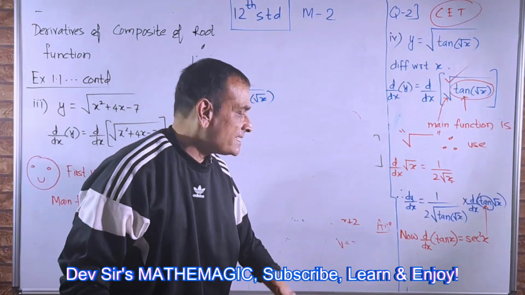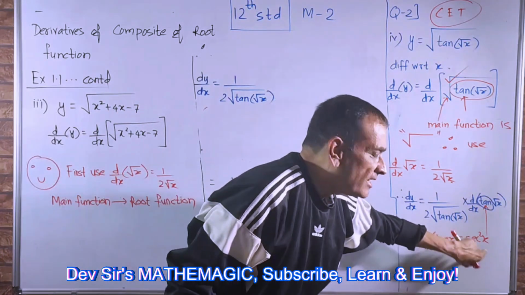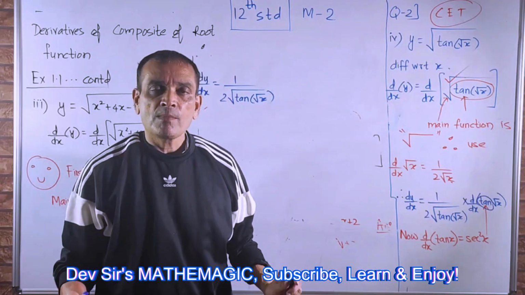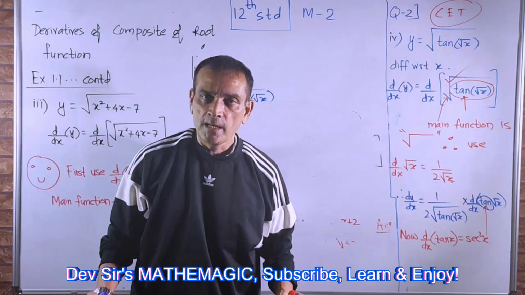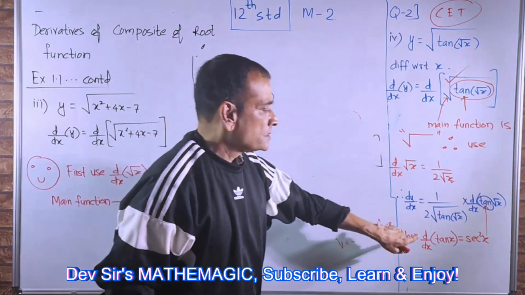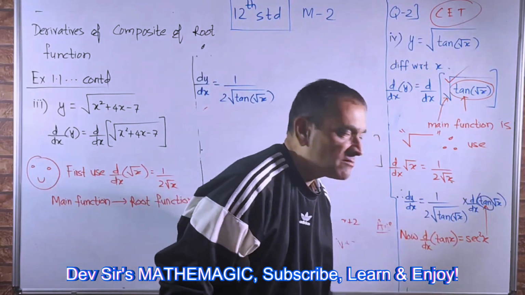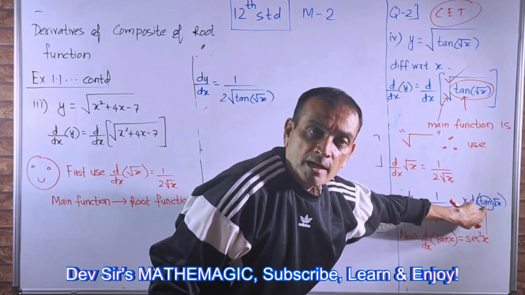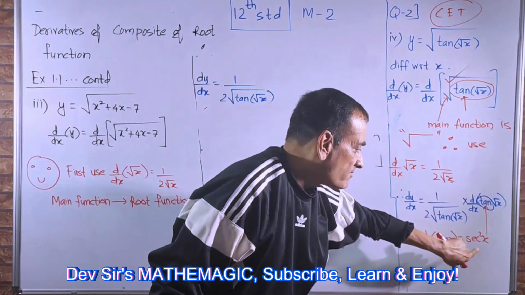11th standard formula says derivative of tan x is sec squared x. You should remember all the formulae by heart, basic 11th standard formulae. Okay, otherwise you won't be able to solve. So d by dx of tan x is sec squared x. So I am taking the derivative of this tan. Derivative of tan x क्या है? Sec squared x.